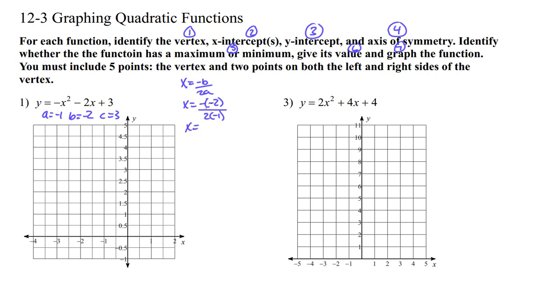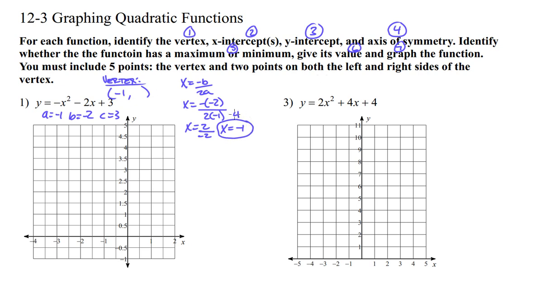So we end up getting on the top +2 over -2. So then we get that x equals -1. Okay, so for the vertex, I didn't leave us a lot of room to work here, did I? For the vertex, we're going to be at -1 for the x, but also x equals -1 is our axis of symmetry.